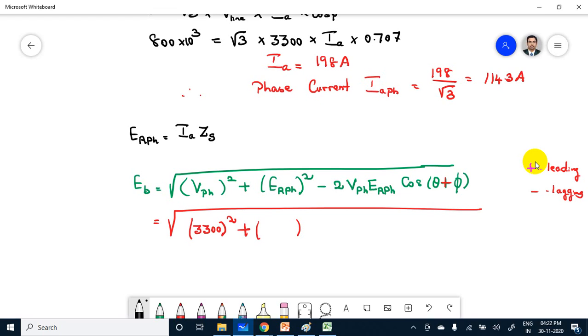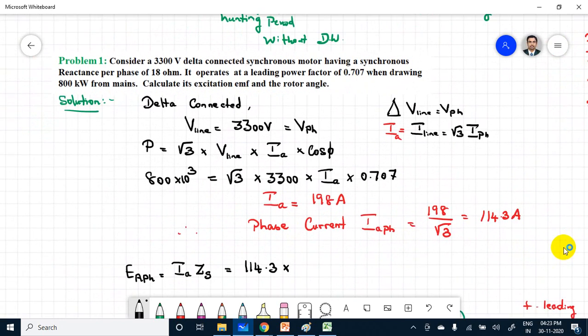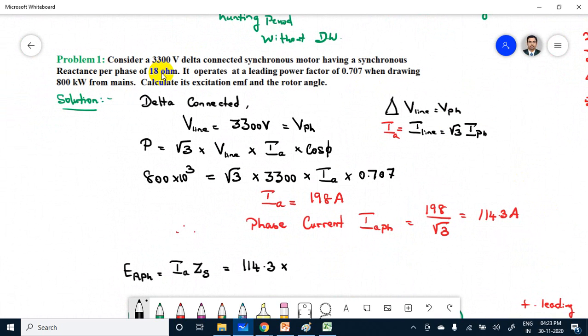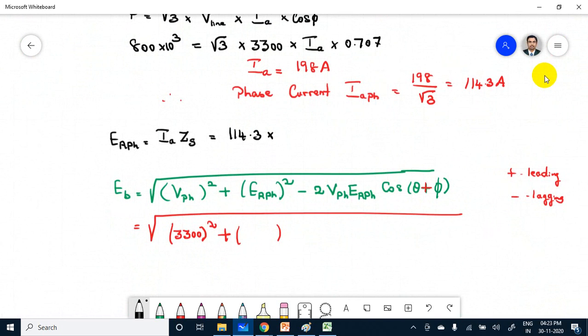ZS is given: the synchronous reactance per phase is 18 ohms. IA is 114.3, substitute, 114.3 into 18, so you get 2058 volt.